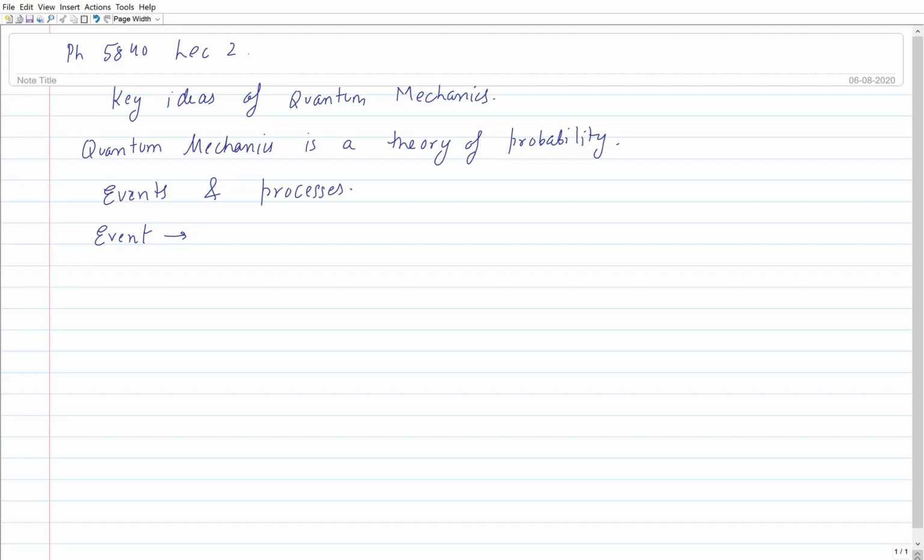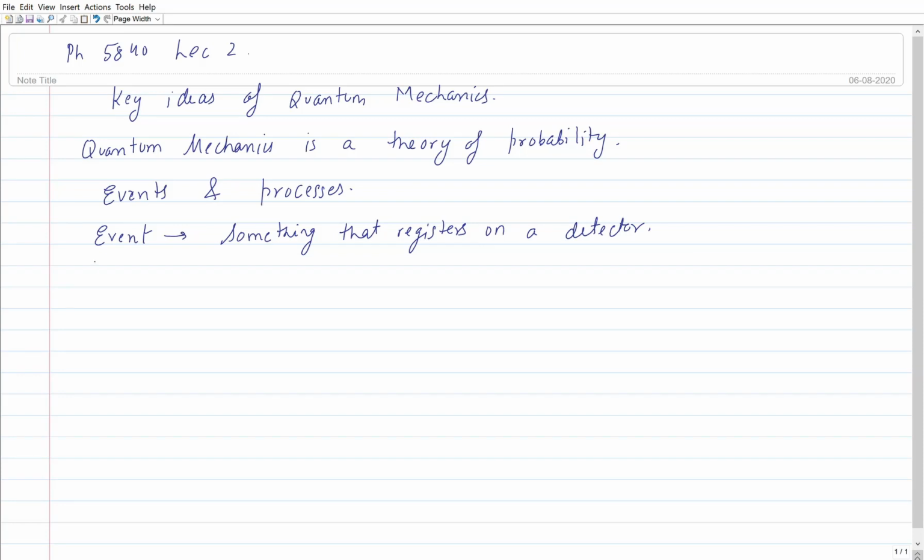To make the argument, let's say the event is something that registers on a detector. It can be a photon pinging on a detector. It can be you collecting an electron somewhere. Anything that registers on a detector is an event.